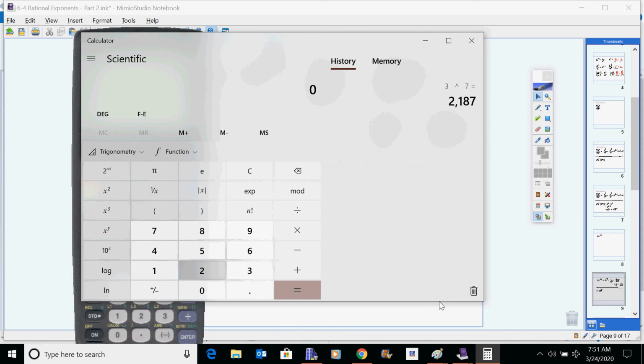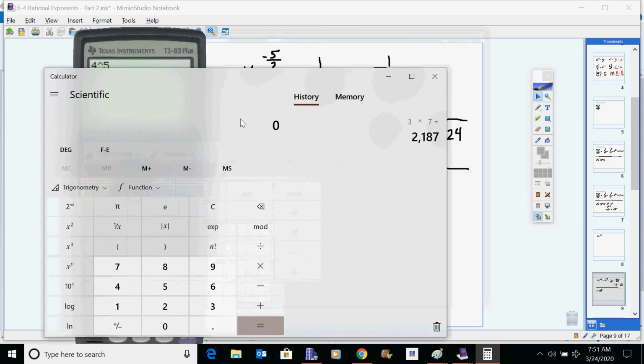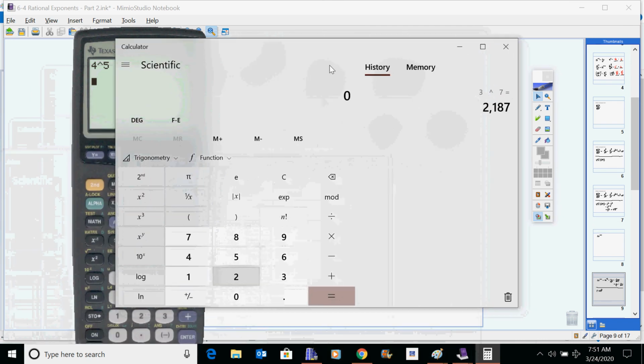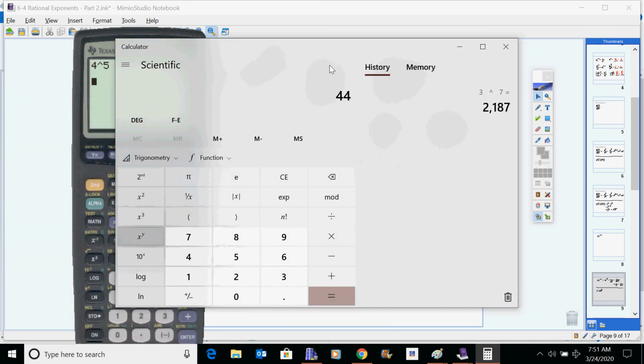So if I wanted to take 4 to the 5th power, I can take 4, 5th power, 4 to the 5th power, 1024.